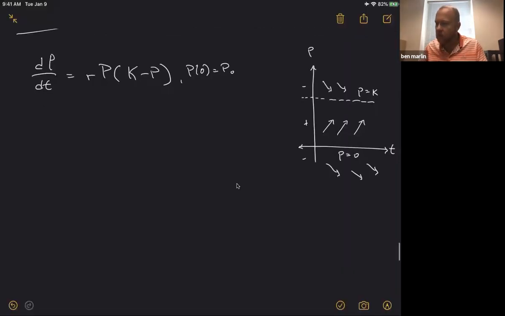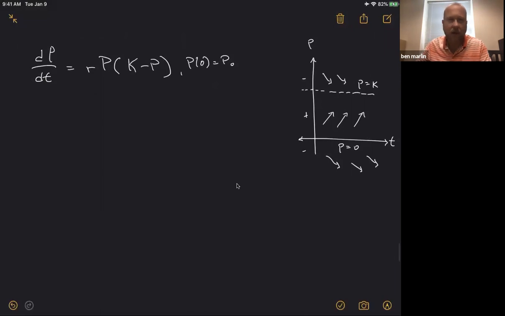Okay, so here we're going to think about our population P, and we're going to have this R times P and then K minus P. You can do this in a way that makes all of the variables appear more clearly for your application, but this is really the easiest way to do it from the math end of things.